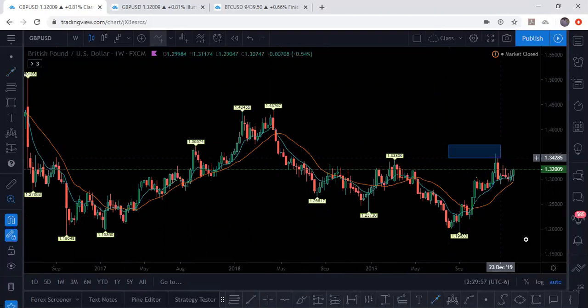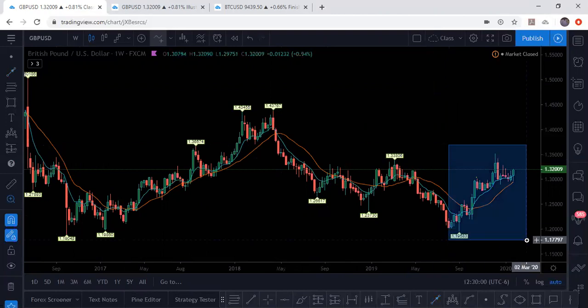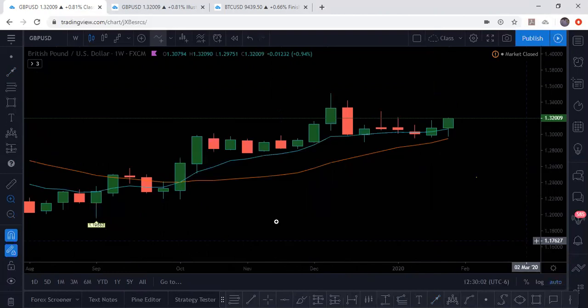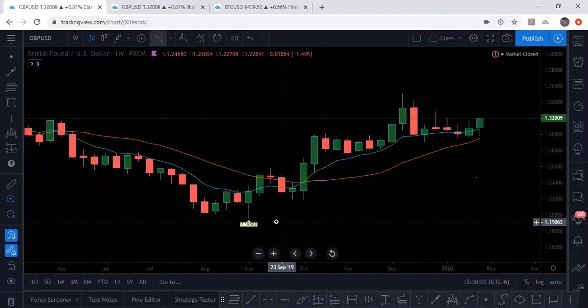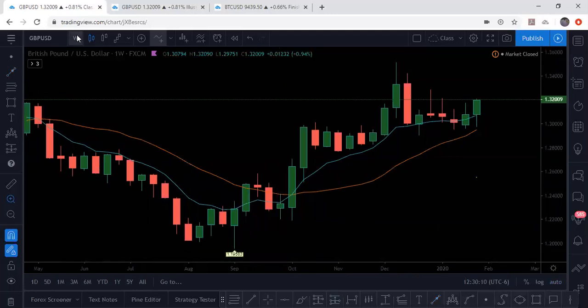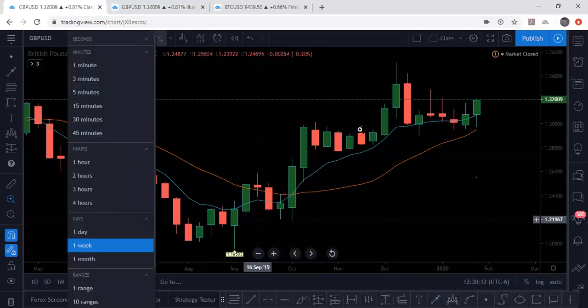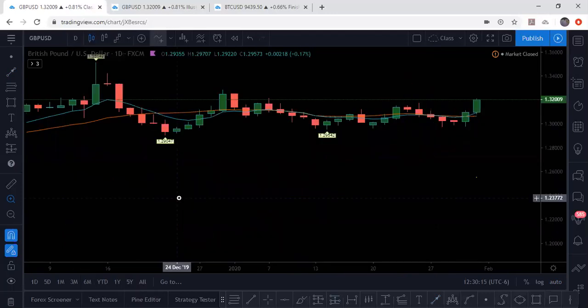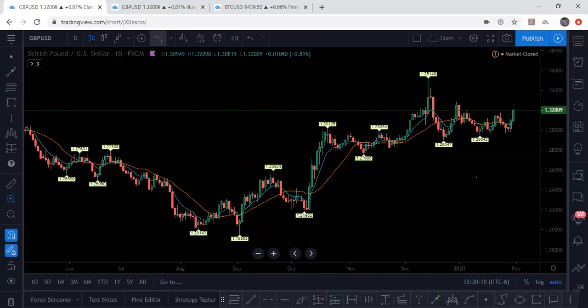So this place right here, this up movement that you see here, is what we're seeing on the daily. This up movement from here is what's showing here on the daily.